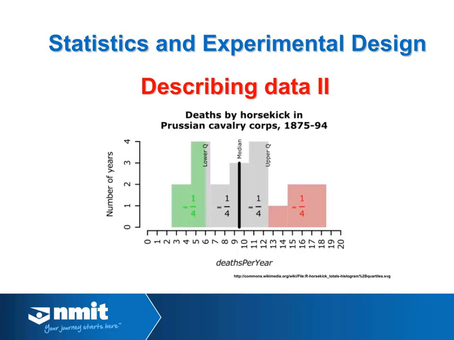In the first topic, we looked at the use of the standard deviation as a way of summarizing the spread in our data set. The standard deviation works very well when we are using the mean, so it's used alongside the mean, but it isn't appropriate for use with the median.